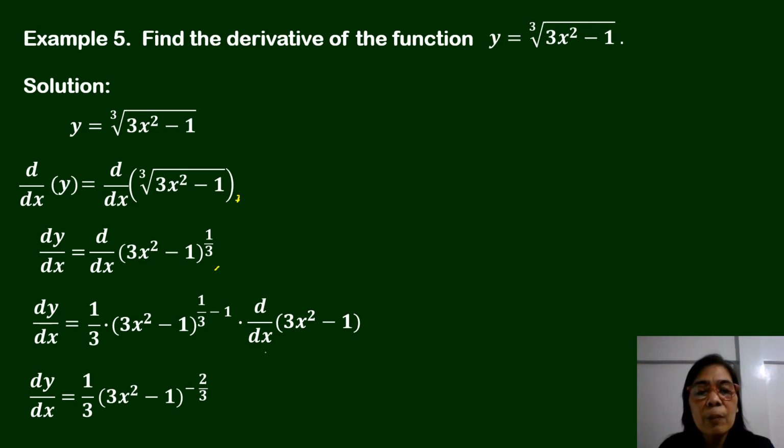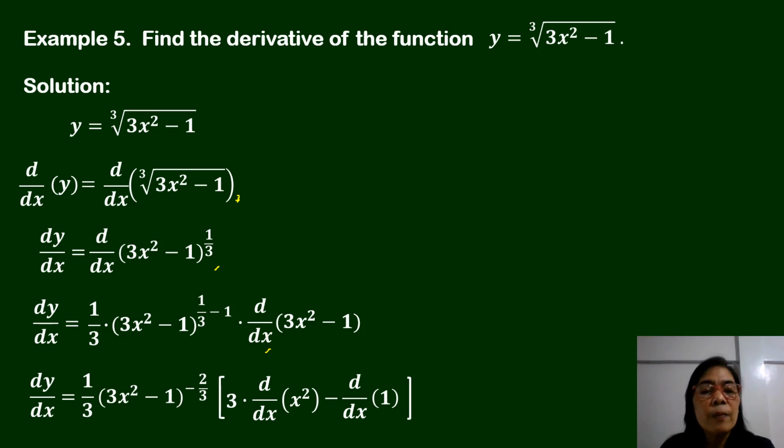Then we have here the derivative of 3x squared minus 1 that contains two terms. So we apply the derivative of sum, and that will give us the derivative of the first term, which is 3x squared, so we have 3 times the derivative of x squared, minus the derivative of 1.